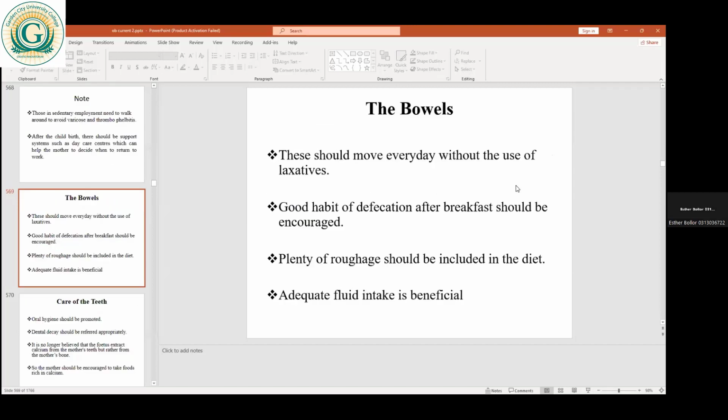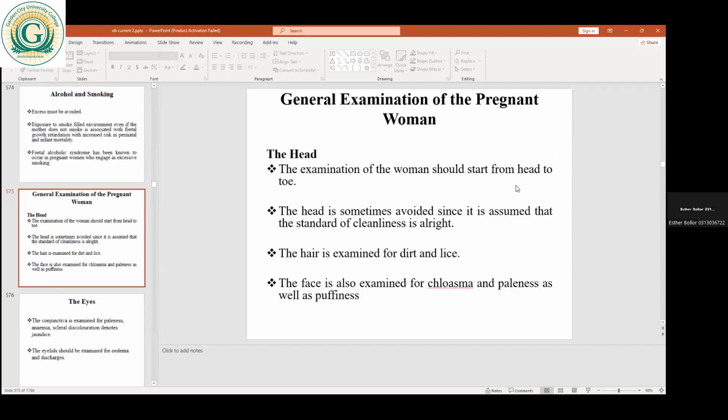General examination of the pregnant woman. I think we have to start here. Okay, please, next week we'll start general examination of pregnant woman. Yes, sir, I'm going to record that.